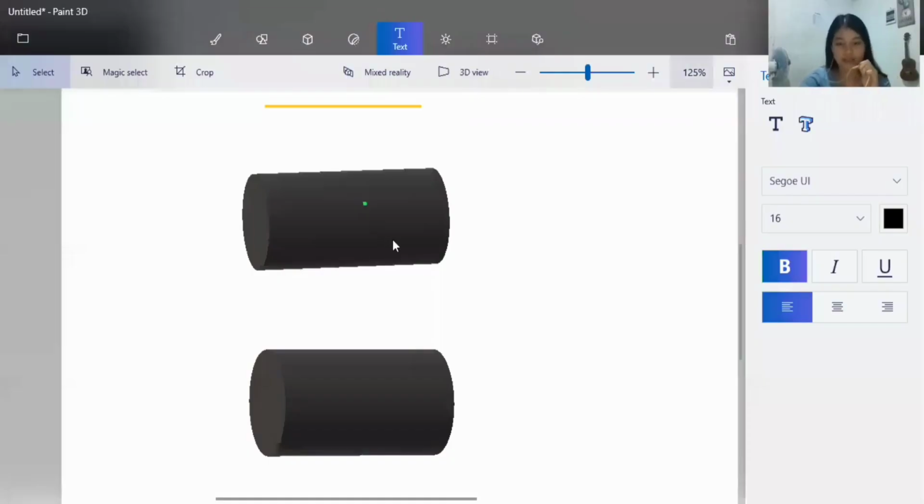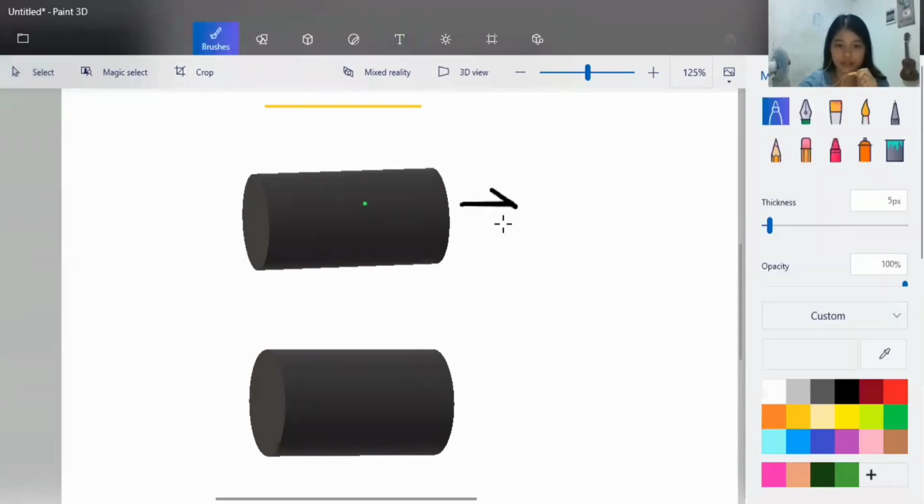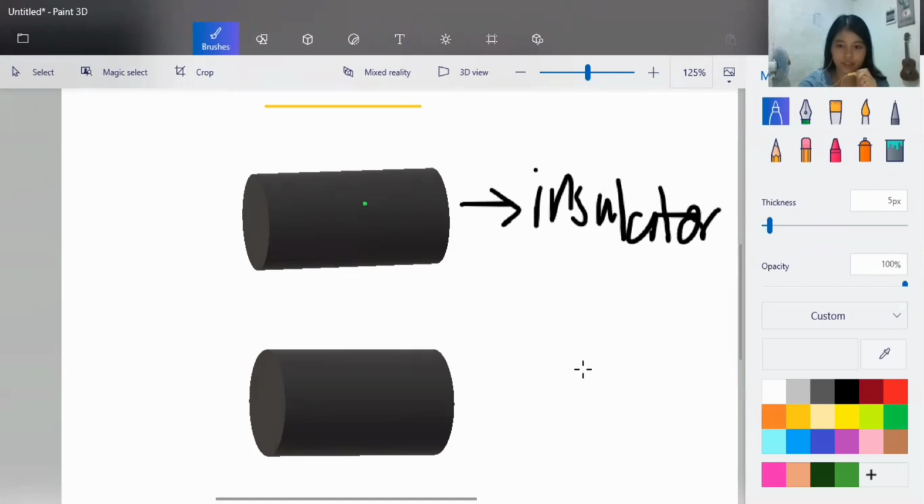So I have here an insulator. For example, this is an insulator, insulator, insulator, and this one is a conductor.